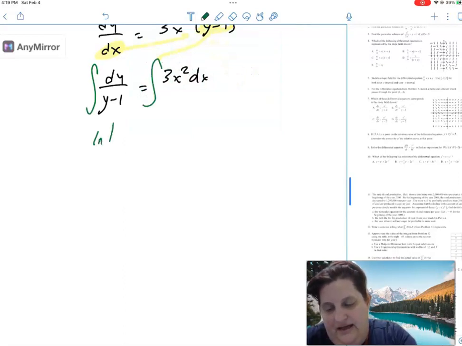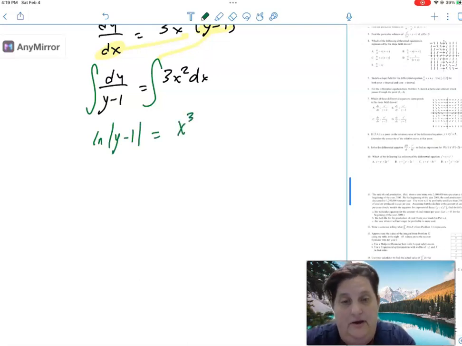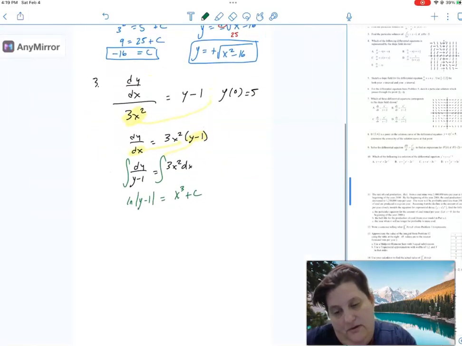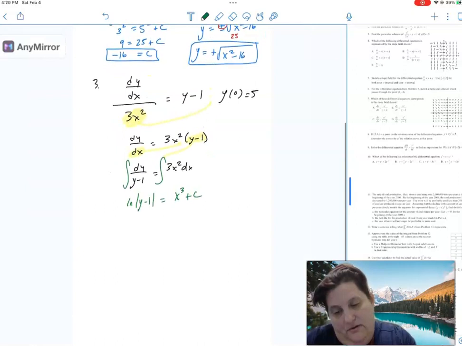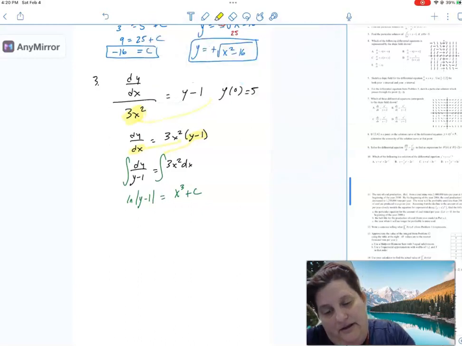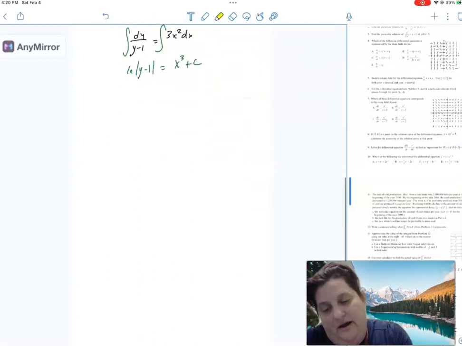You guys, this is an ln problem, and this is an x to the third over 3 problem, plus a constant. I think I am going to use this right now. I'll go ahead and plug in 0, 5 right now.